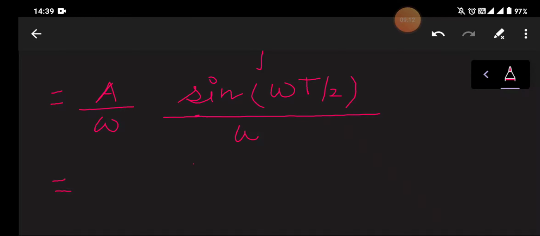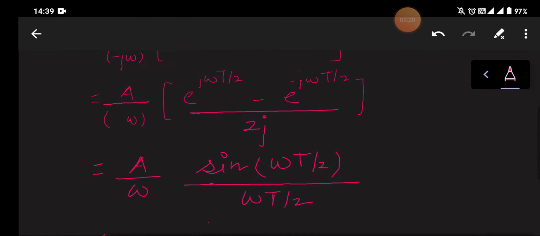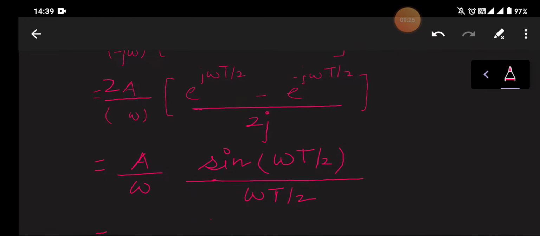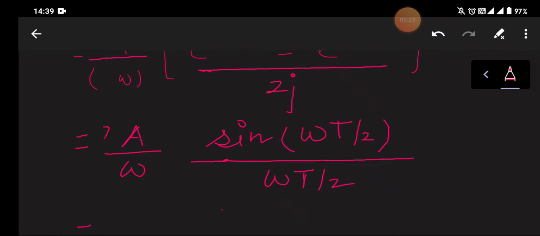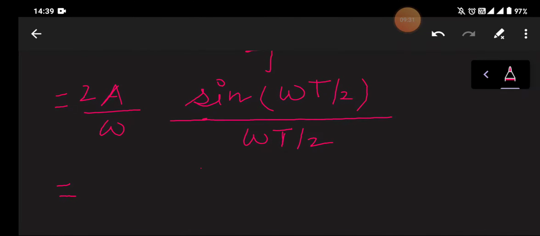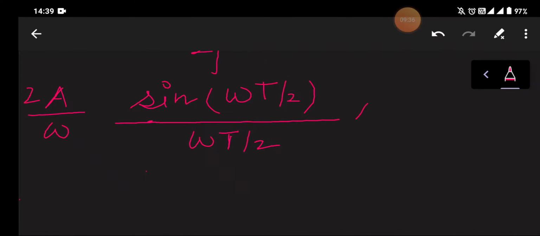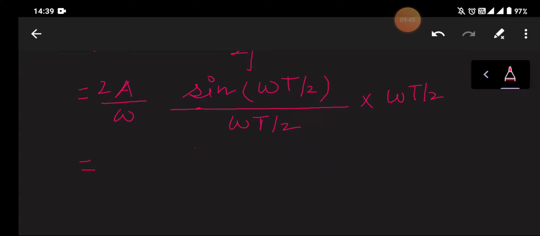So I am multiplying here by omega T by 2, and I multiplied by 2, so I forgot to write 2 over here. Okay, so this is 2. So I have multiplied and divided by omega T by 2. So this will become a sampling function.